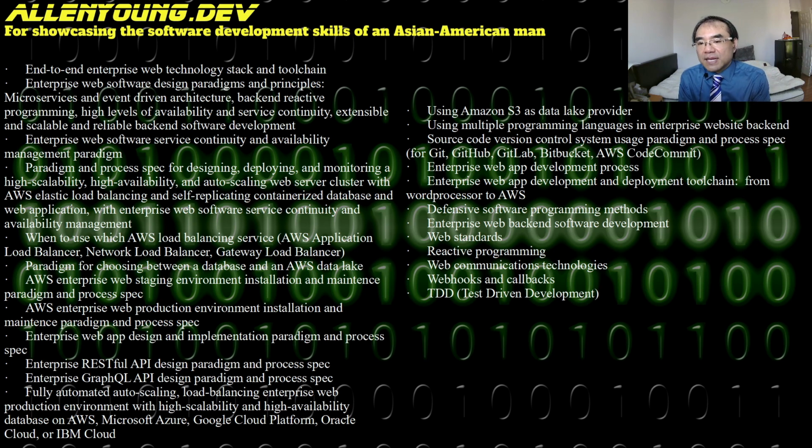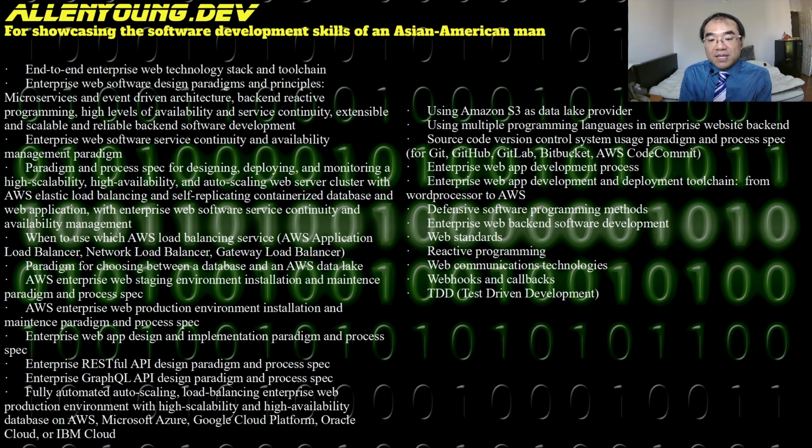And enterprise web software service continuity and availability management paradigm. Service continuity and availability are tremendously vital in enterprise web apps, so that must be dealt with in enterprise web software development and deployment.